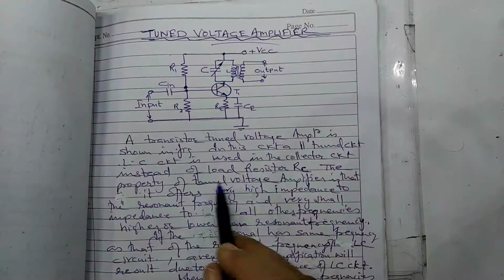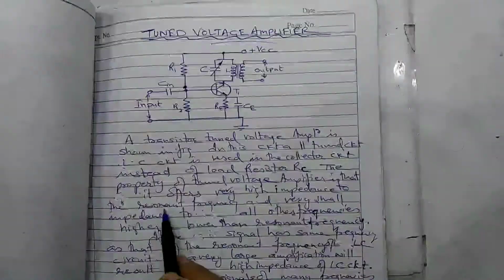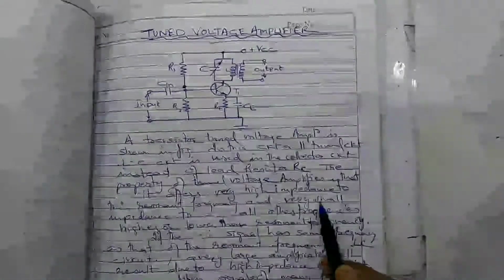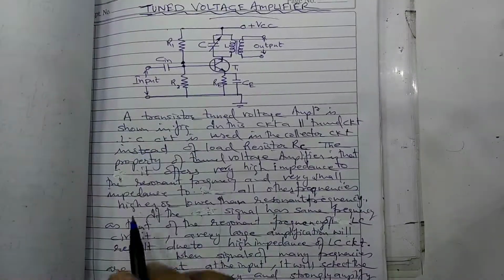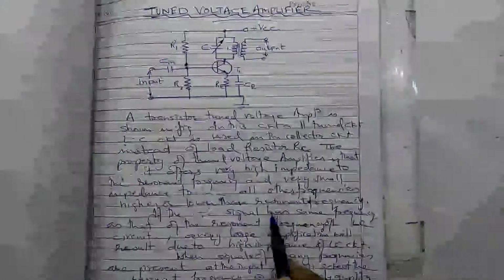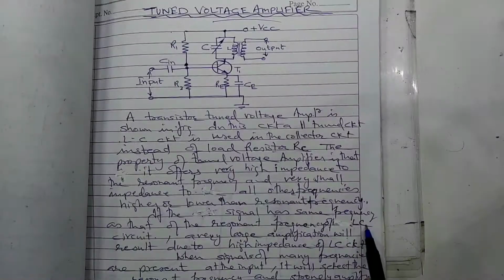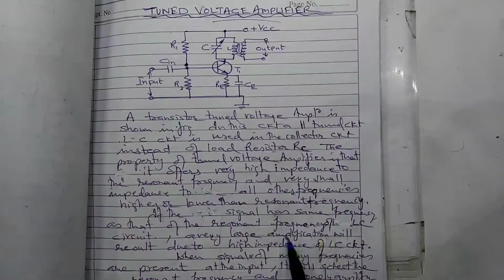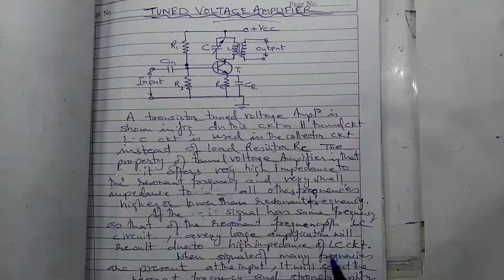The property of a tuned voltage amplifier is that it offers very high impedance to the resonant frequency and very small impedance to all other frequencies, higher or lower than the resonant frequency. If the signal has the same frequency as the resonant frequency of the LC circuit, a very large amplification will result due to the high impedance of the LC circuit.